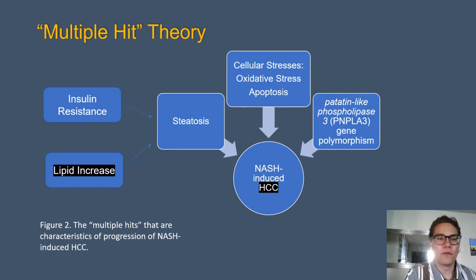When the microenvironment is insulin resistant and there's an influx of lipids, such as if you're eating a high fat diet, your liver can go into steatosis. And when you add cellular stresses such as oxidative stress and apoptosis with a few gene interactions, that gives you that multiple hit theory where the microenvironment allows a NASH-induced HCC.